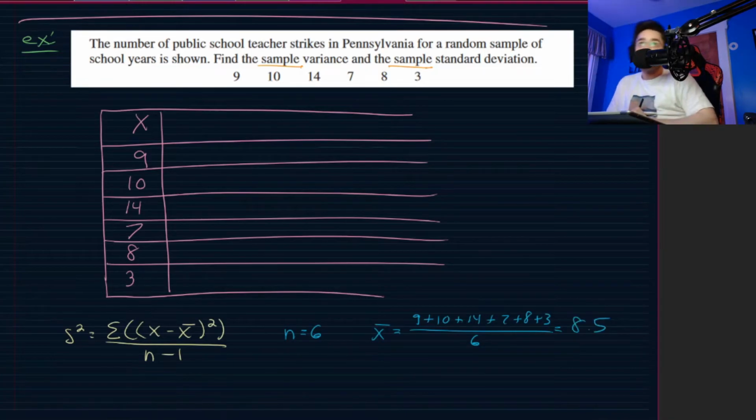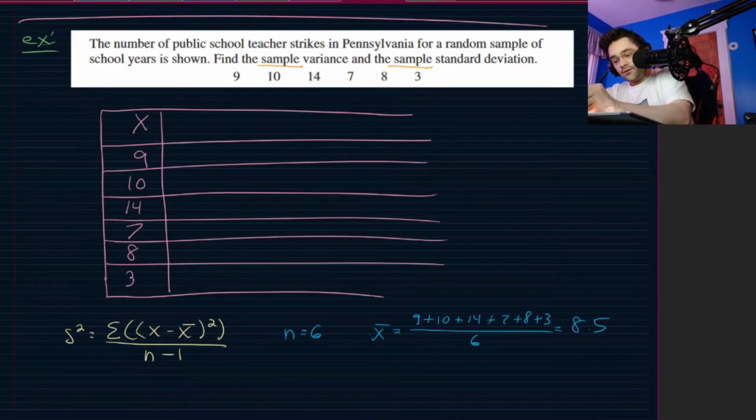I'm cheating. It's 8.5. So now we know everything we need for our formula. We've got all the x's. We've got x bar. And we know what n minus 1 is. So we can now come up with all the columns we need. So I'll put a column here for x bar. It's 8.5. It's always 8.5, so it's the same in every column.